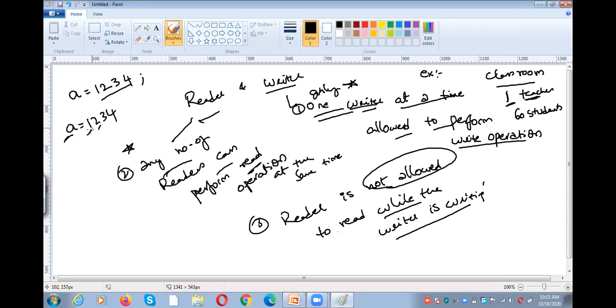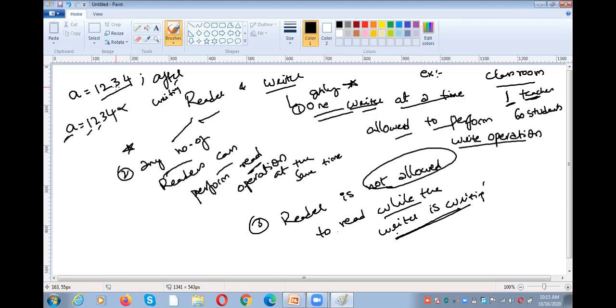The same value would be different for different readers, and that should not happen. That is why, while the writer is writing, readers are not allowed. After the write operation is done, the readers are allowed to read the information.